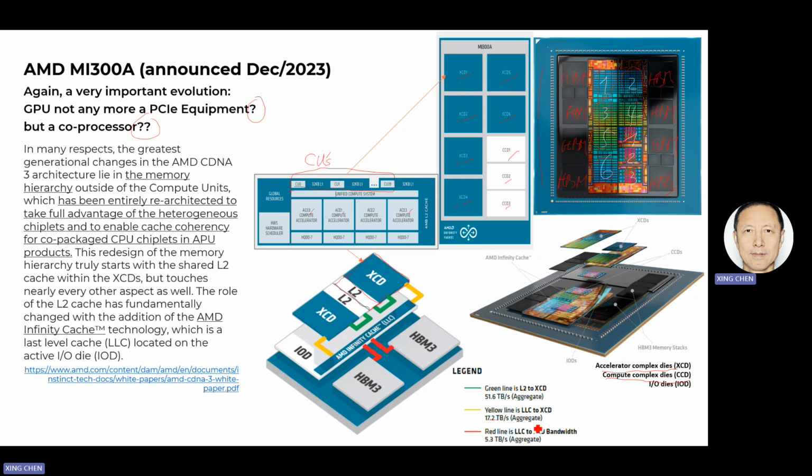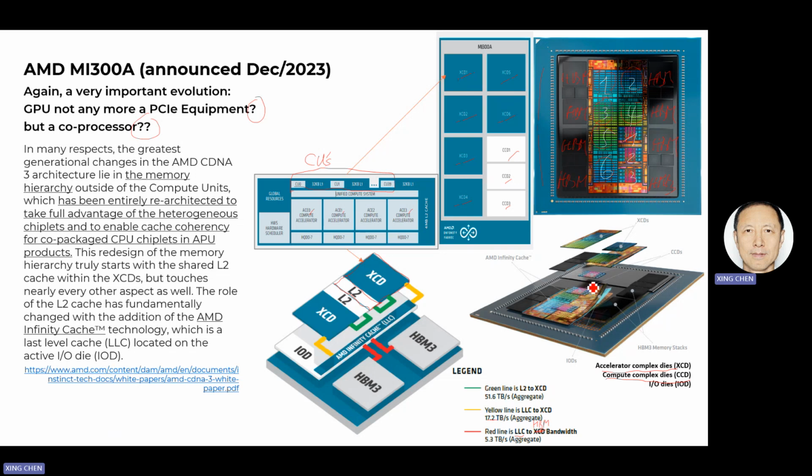Now, I think there is an arrow here. The red line is the LLC to HBM bandwidth, not to XCD. So it's the LLC to HBM bandwidth. Okay, so this shows pretty much the architecture of the memory system.